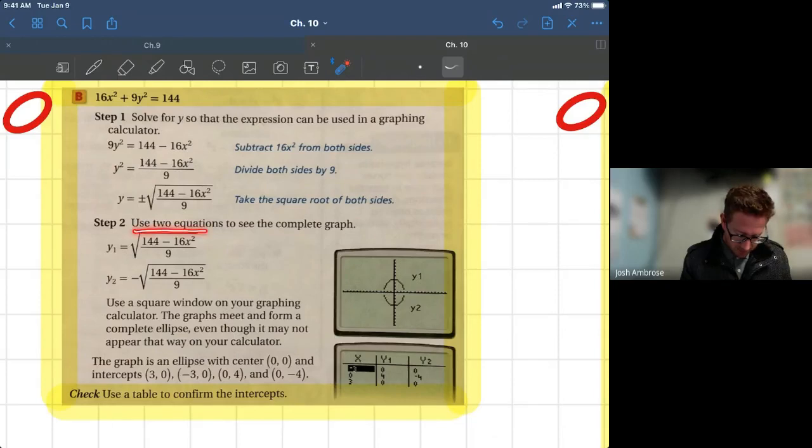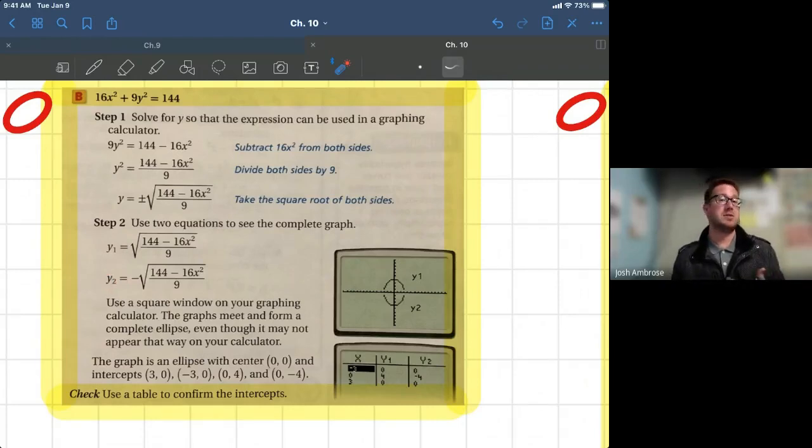Then use those 2 equations. When they say 2 equations, they're talking you got a positive and a negative version of the equations. Okay, so positive version right here, negative version right here. Plug that positive in for y1, plug that negative in for y2. That has to be done.